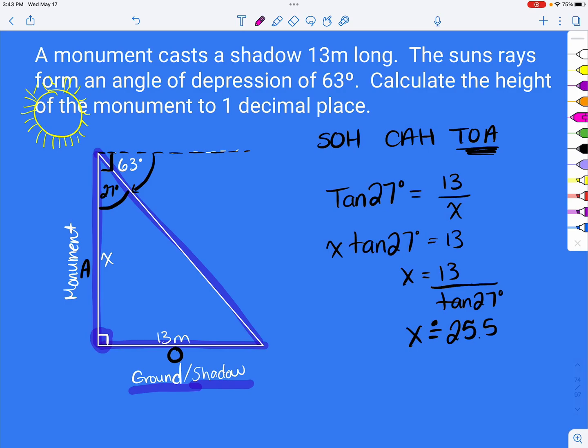Remember, I do want to see your initial substitution, how you isolated x, and then the answer you got from your calculator. But since this is a word problem, you also need a word answer. So therefore, the monument is 25.5 meters tall.